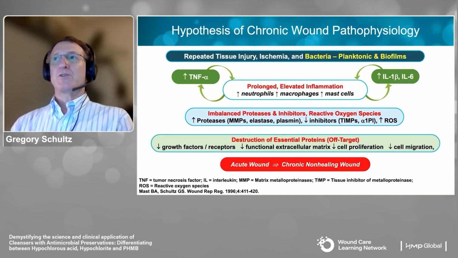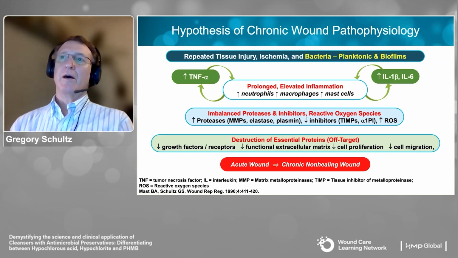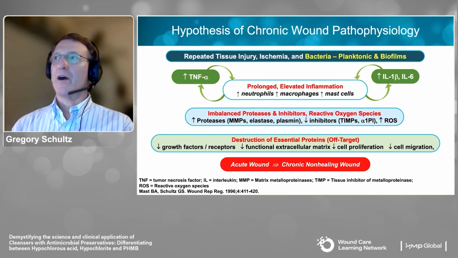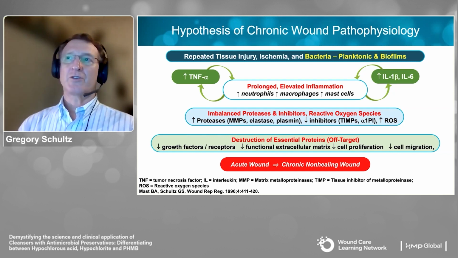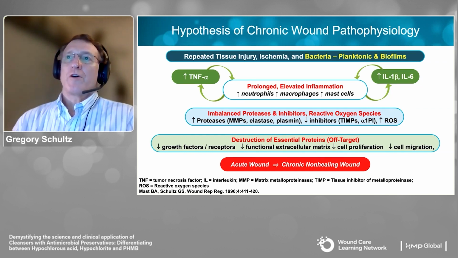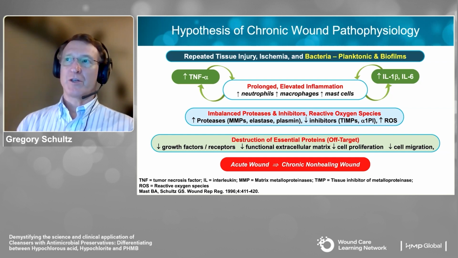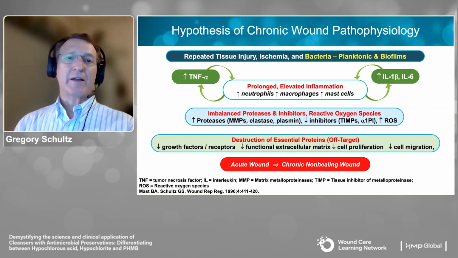Now, these bacteria phenotypes stimulate chronic inflammation, and we can assess that by looking at the levels of pro-inflammatory cytokines such as TNF-alpha and IL-1, IL-6 in wound fluids. And those draw in new macrophages and neutrophils into the area of the wound, and they activate.